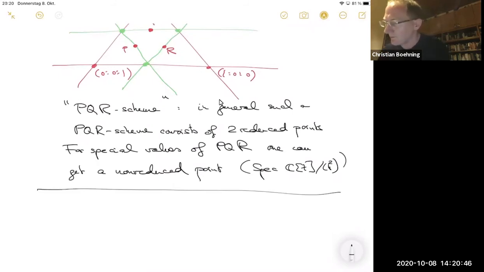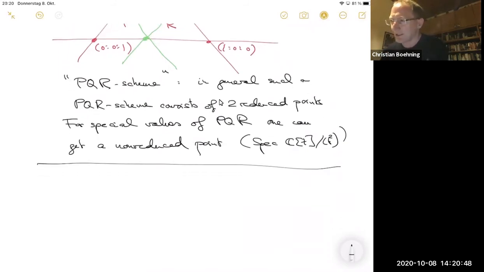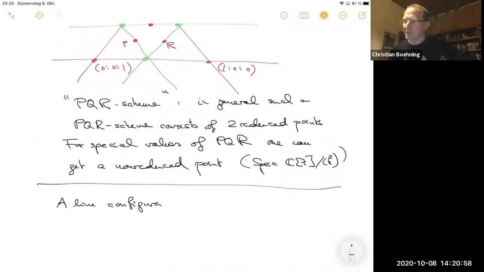So what I want to define next is line configuration. So what I want is, I don't want a non-reduced generalized incidence scheme. I want an incidence scheme that comes from a line configuration, or line arrangement.